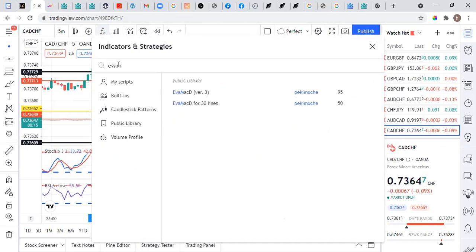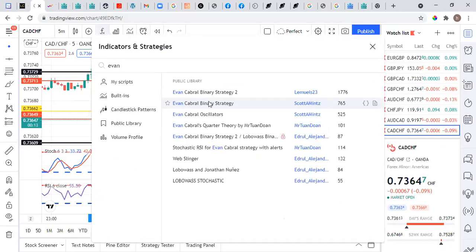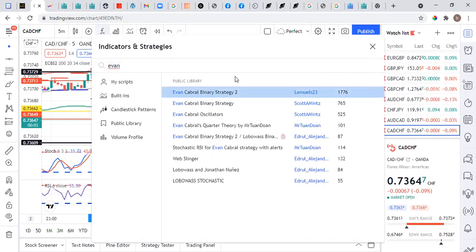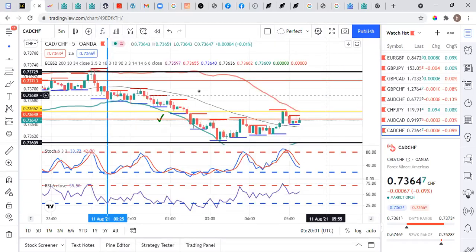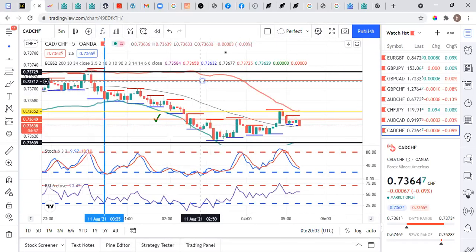Don't add indicators all the time. This is the first time I will be adding indicators newly in a very long time. So let me pick the second one, Cabral binary strategy 2. Is it this one? Yes, it is the second one. ECBS2.